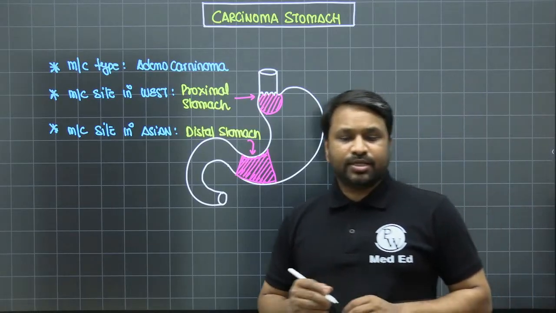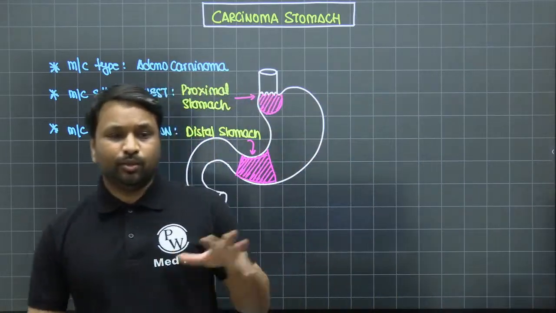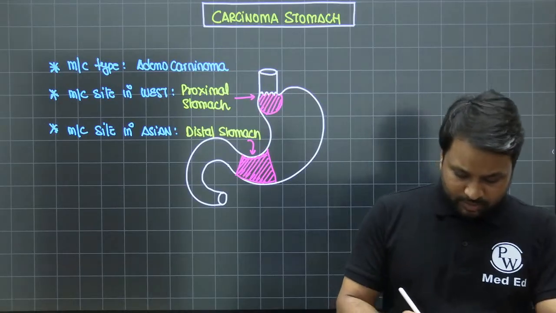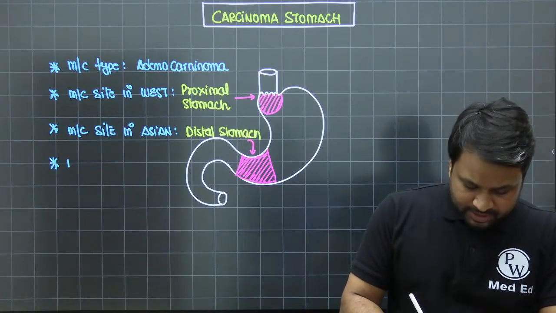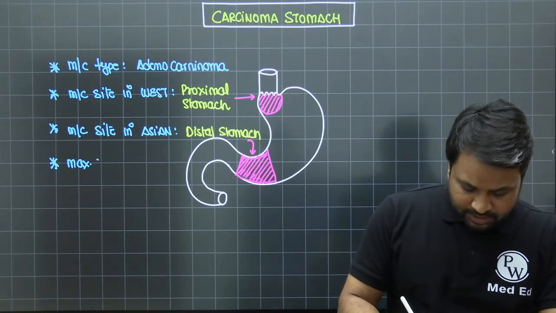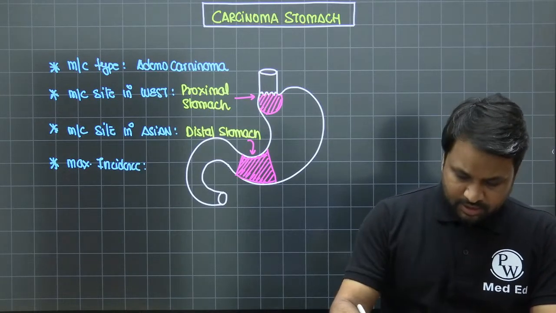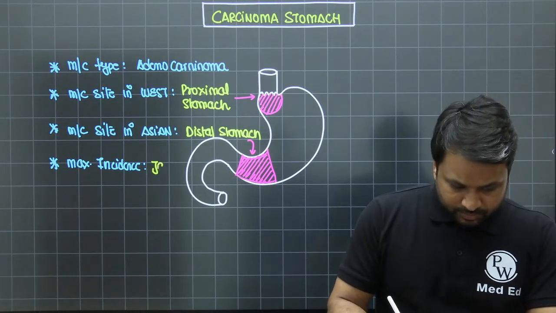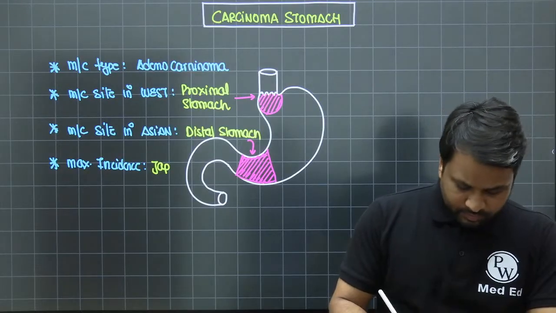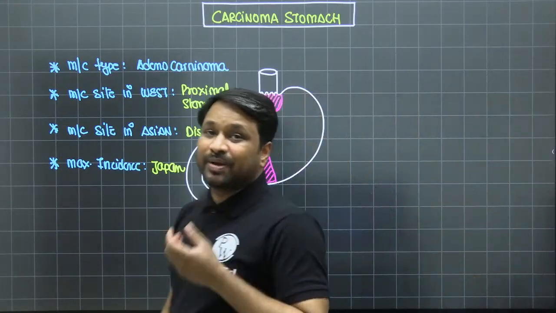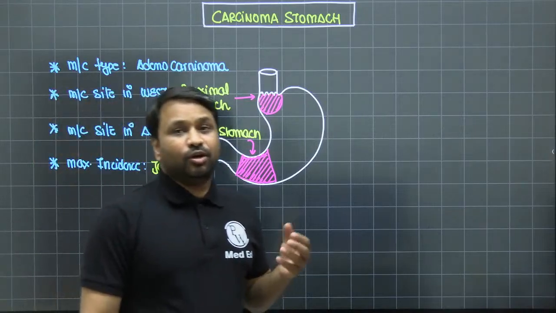Now the question is, which country in the world has the maximum incidence of the carcinoma stomach? Remember, the country which has got the maximum incidence, it is going to be Japan. Now you tell me that Japan is an Asian country or a Western country.